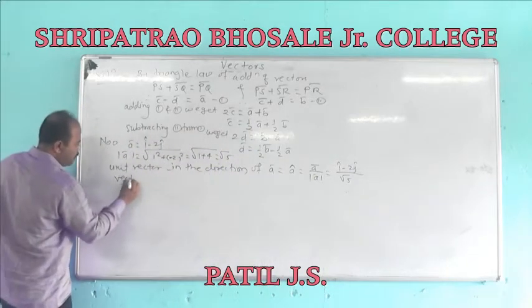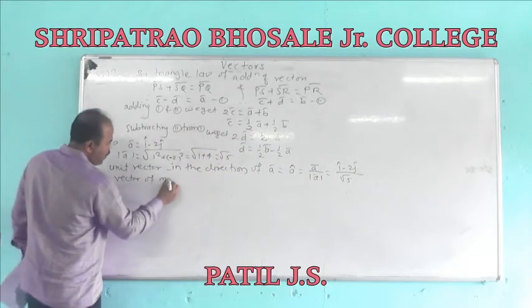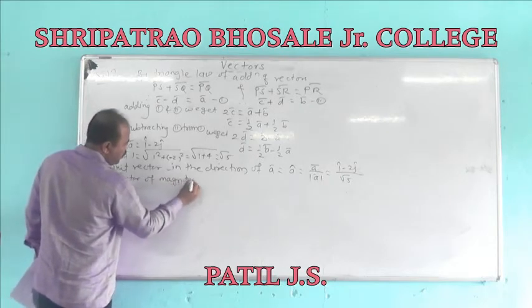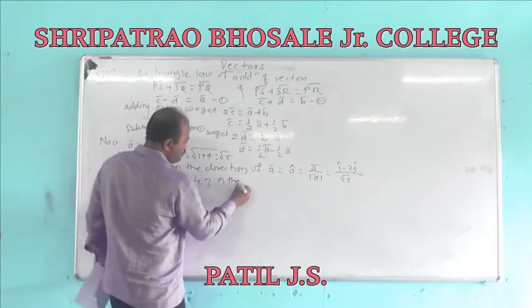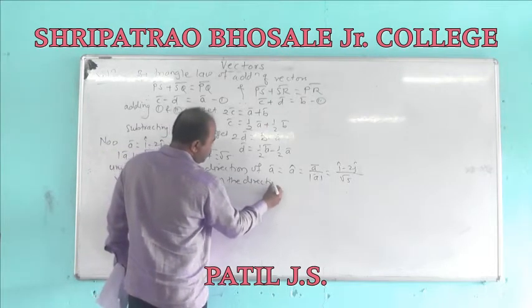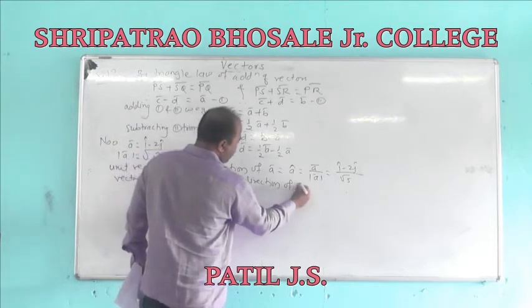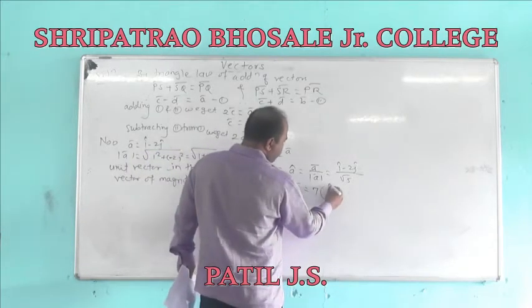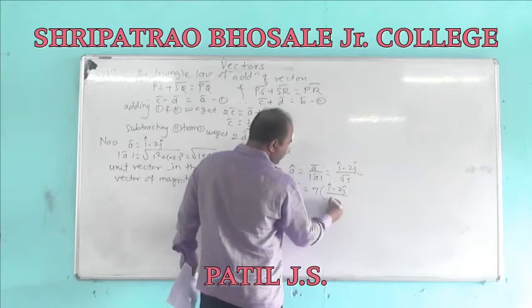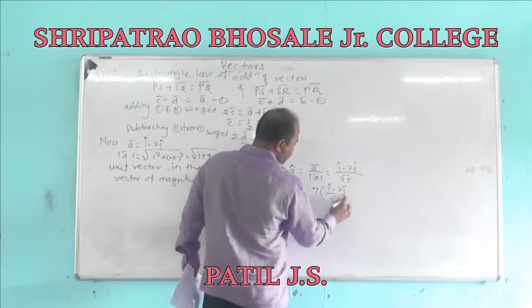Therefore the vector of magnitude 7 in the direction of A bar is equal to 7 into i cap minus 2j cap upon 5.